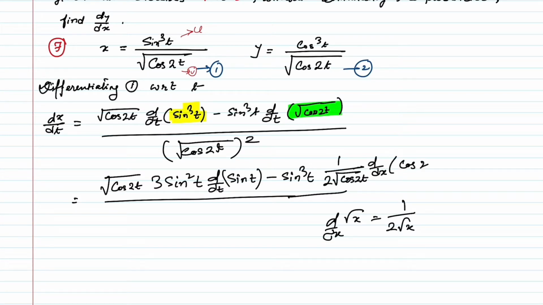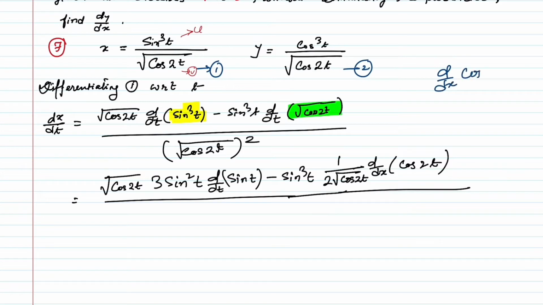Now we know that the derivative of cos x is minus sin x. So here you should get, let me do one more thing, denominator square here cos 2t.